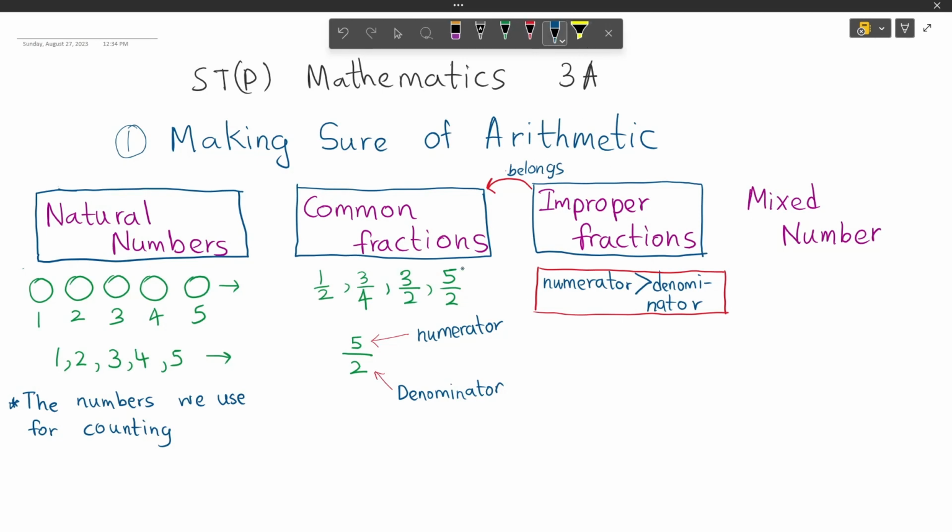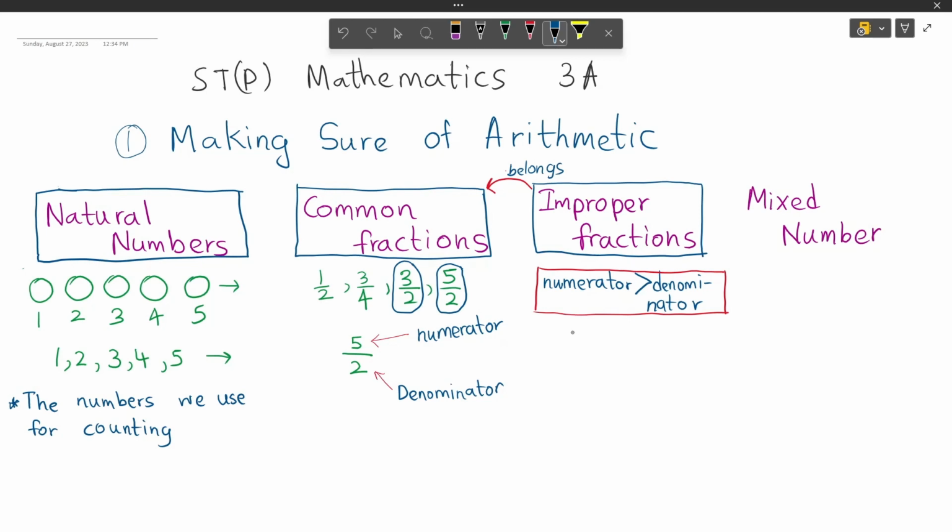This number is an improper fraction because the numerator is greater than the denominator. This number is also an improper fraction. This is not an improper fraction because 3 is not greater than 4, so the numerator is not greater than the denominator.